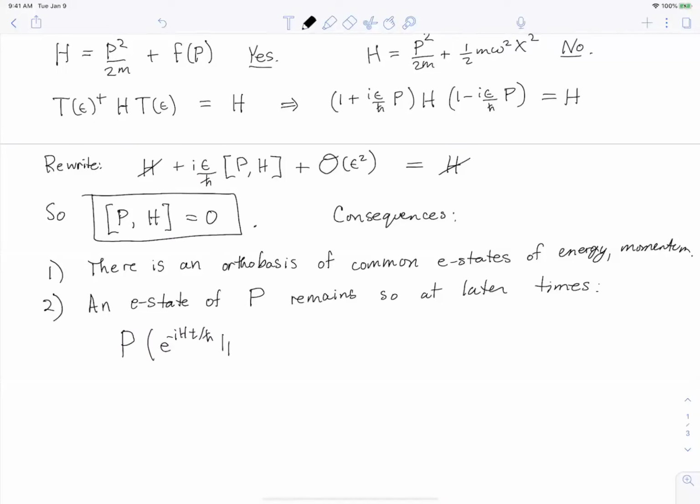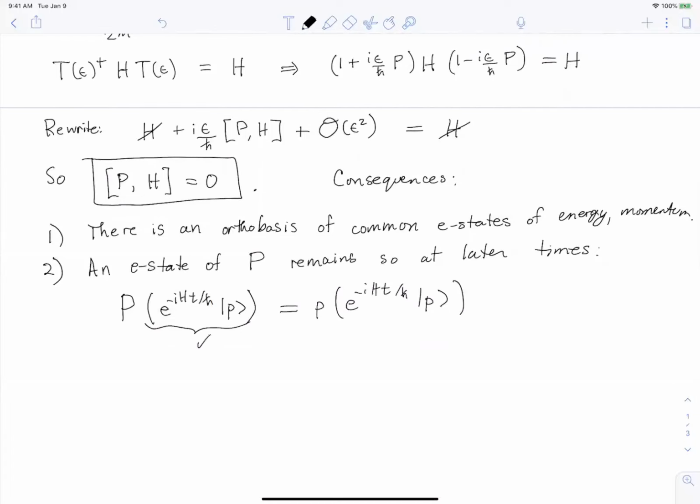If we do that acting on a momentum eigenstate and P commutes with H, then we can just move the P right through the exponential and have it turn into p the number when it gets to here. And then bring it out again. So this is p times e to the minus i H t over h bar acting on p, which is saying that the whole state here was indeed an eigenstate of momentum.